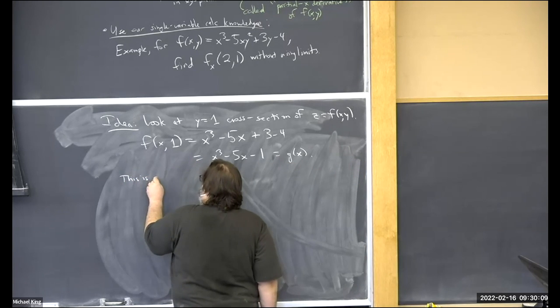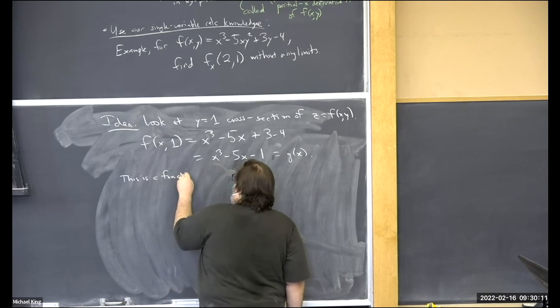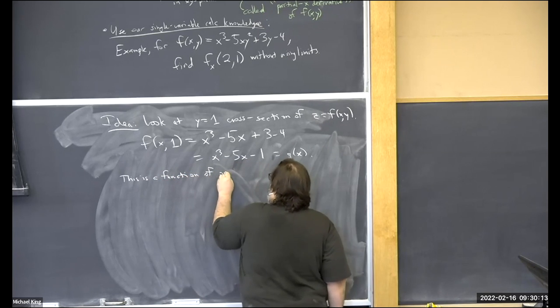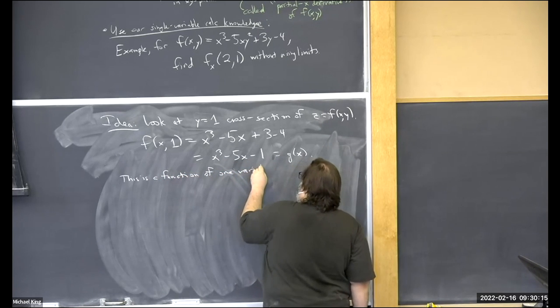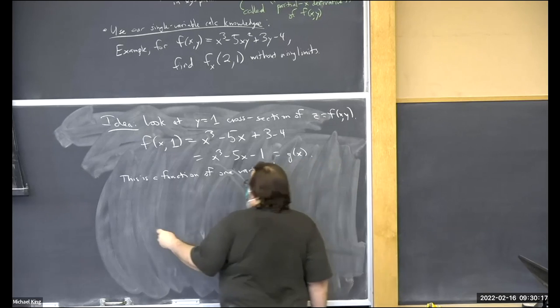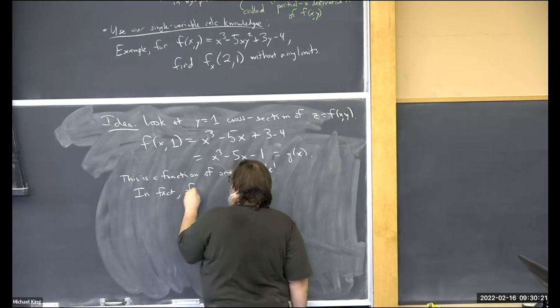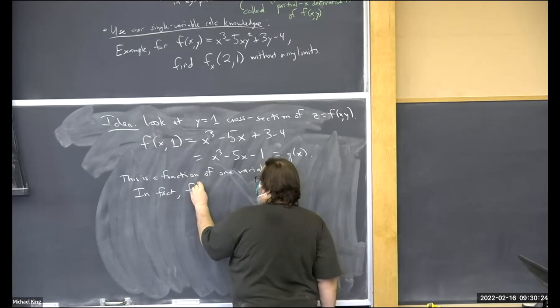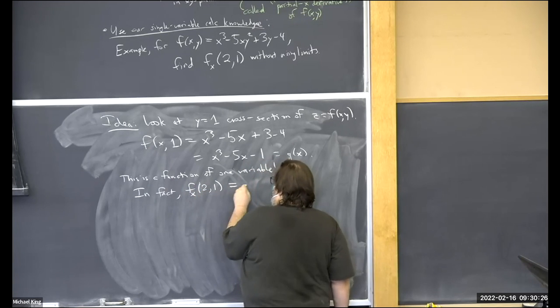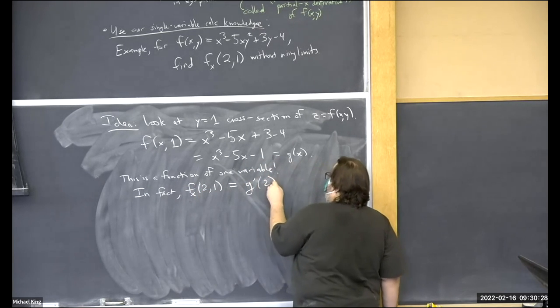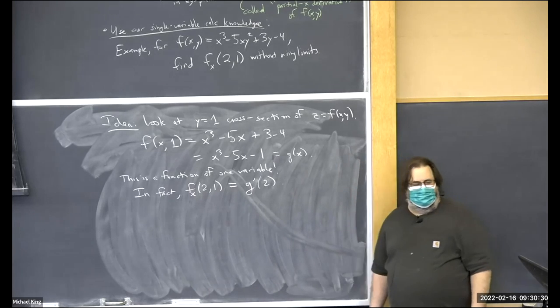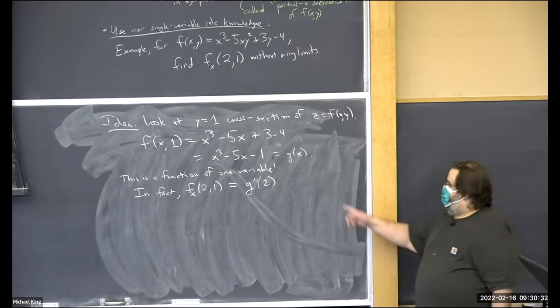This is a function of one variable. So in fact, if we want to think about it this way, the partial x, f sub x of 2 comma 1 is just really g prime of 2. Does that make sense?